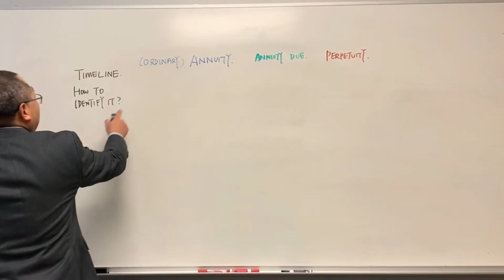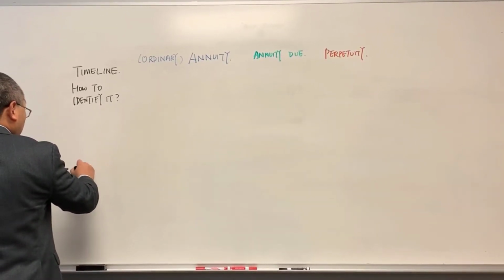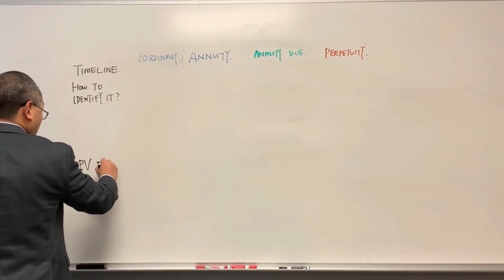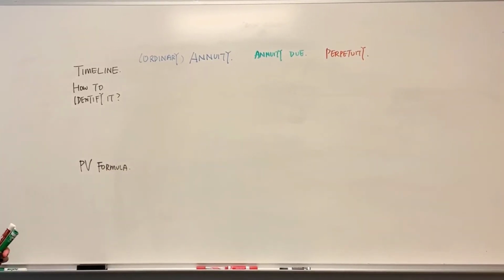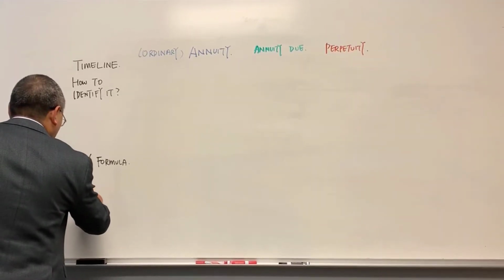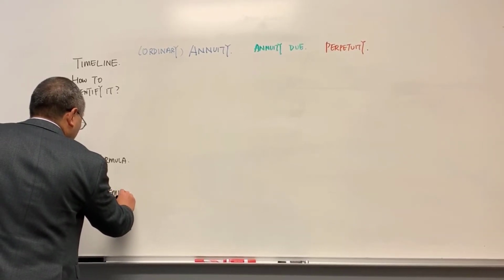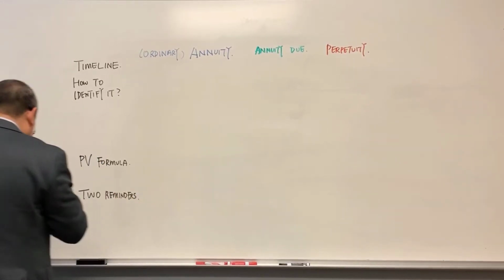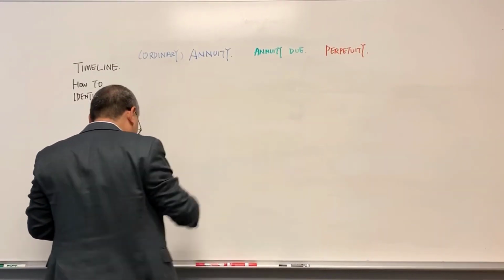Then, after we identify each model, we're going to wrap up the present value formula. And the last thing, I want to give you 2 reminders in doing the calculation.